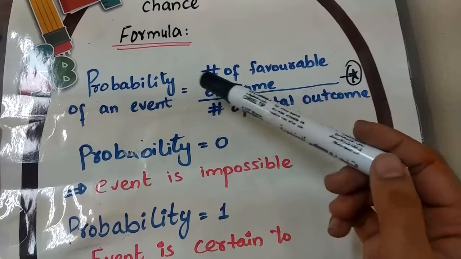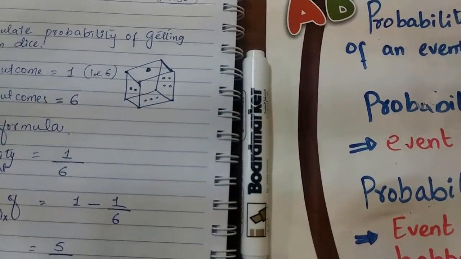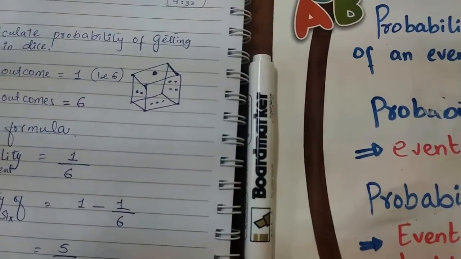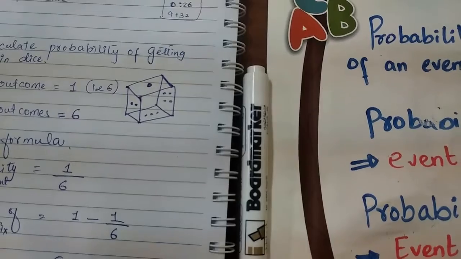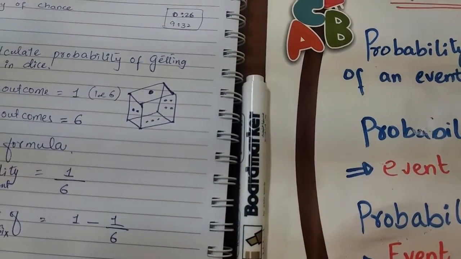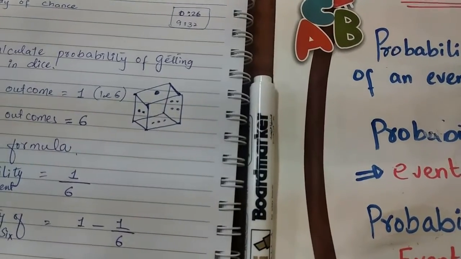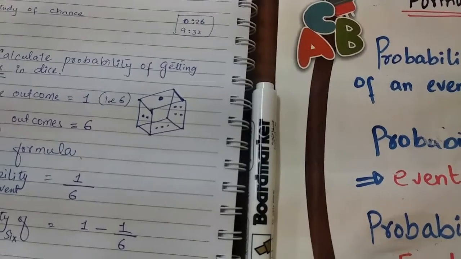A dice is a cube shape having numbers on the 6 faces: 1, 2, 3, 4, 5, 6, represented with dots.